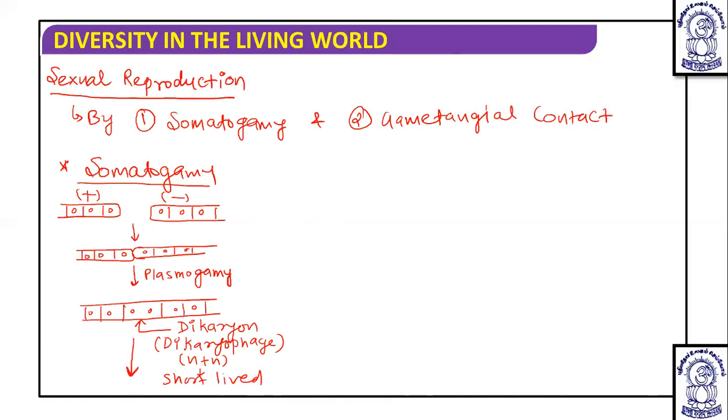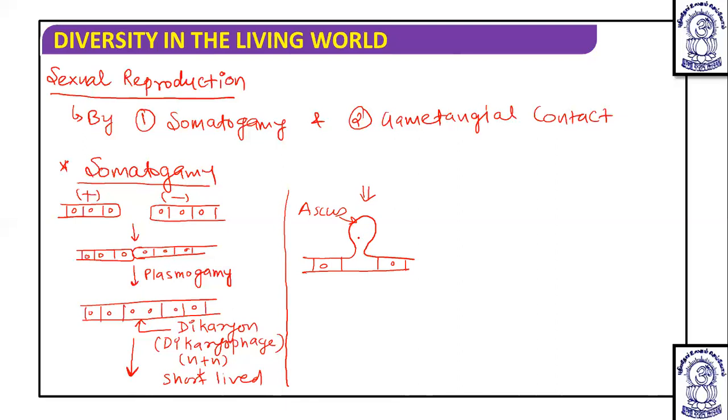And after this, when we talk about our next diagram, we'll come to know that after plasmogamy, dikaryophase will be observed, and the cells with the two nuclei will give rise to one extension, and that extension will be like this, and this particular hyphae is known as ascogenous hyphae, and this structure is known as ascus.